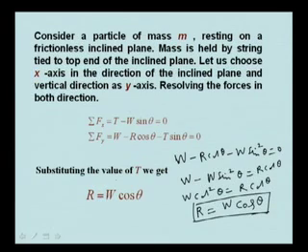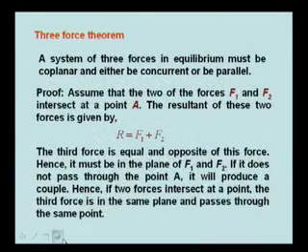So here we see that we have resolved in two different directions, although most of the time we will be resolving the forces in orthogonal directions. Now, if three forces are acting on a body, the system of three forces must be coplanar and either be concurrent or be parallel. That is the three force theorem.